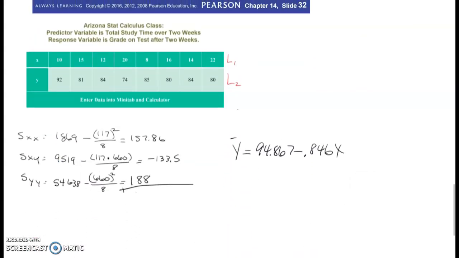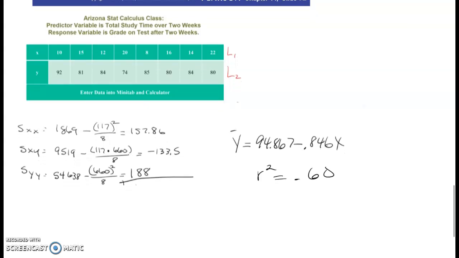So we're going to go back to our data again, where X represented the number of hours a student will study and Y was their test grade. We found all our values to help us calculate, and we had gotten a regression equation. We even, in the last video, found R squared, I believe, to be 0.60, so we'll put that up there as well.